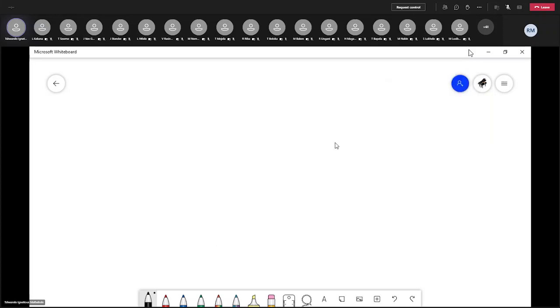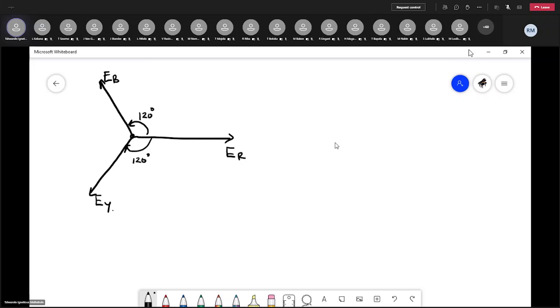Now, what does that mean? It means that if I've got a positive sequence, let's say this is where my ER is, and this is where my EY is, and this is where my EB is, 120 degrees, 120 degrees.